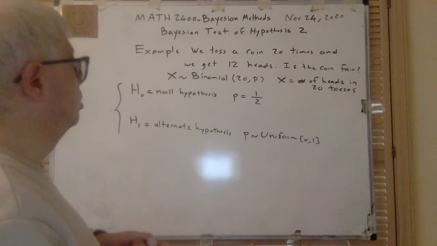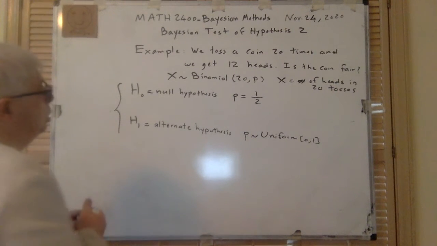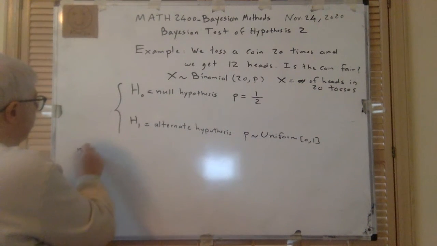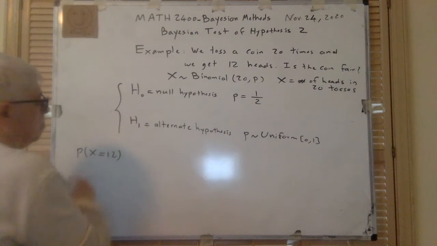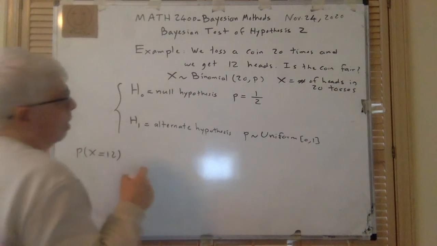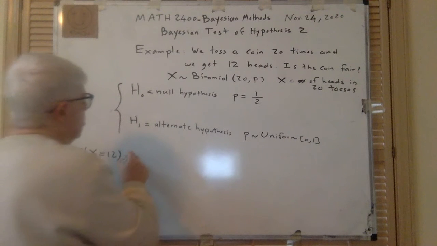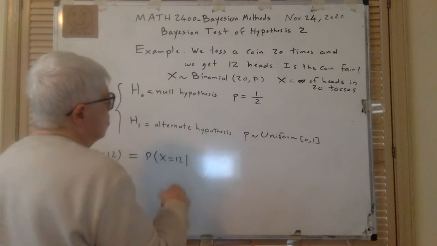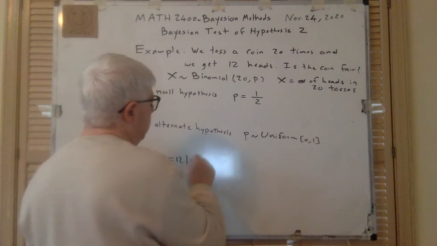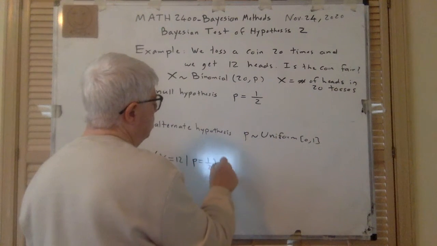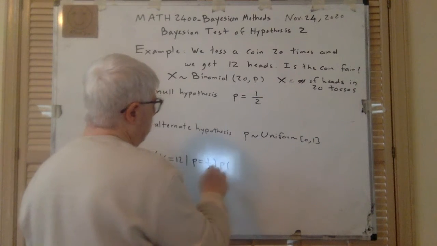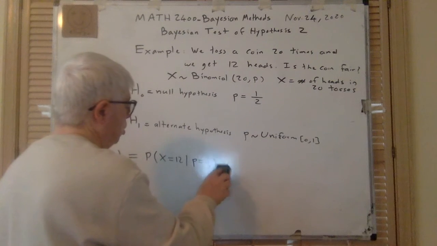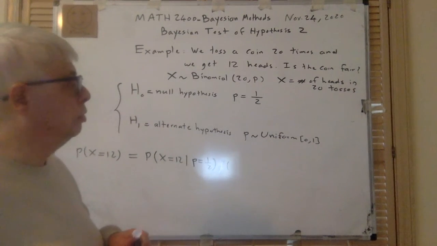Now remember, the first thing we do is finding P of X equals 12. So this is P of X is 12, given that P is 1/2, times P(P is 1/2). Let me write it larger so you don't get confused.